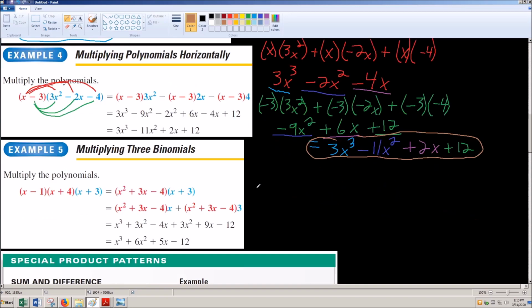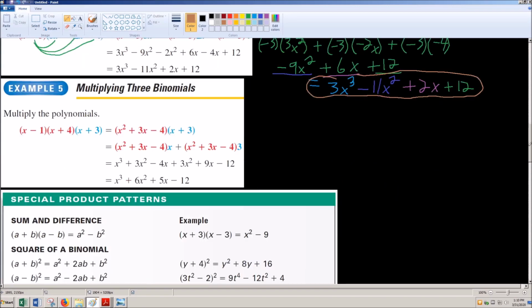Now we get to the really kind of new or tricky element of this, which is that if I want to multiply three binomials, how do I do it? So if I want to multiply three binomials, the first thing I have to look at is just do two of them first, okay? So if I want to multiply three chunks, just take these two chunks and multiply it out.